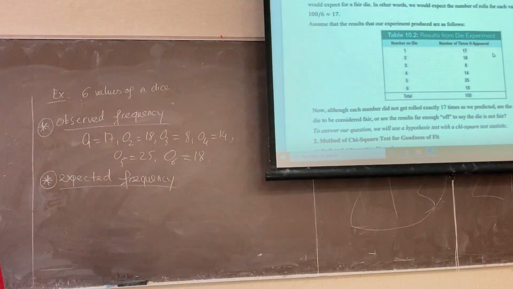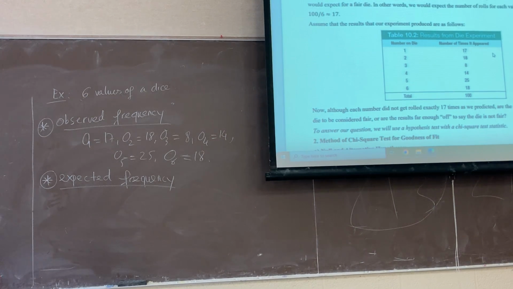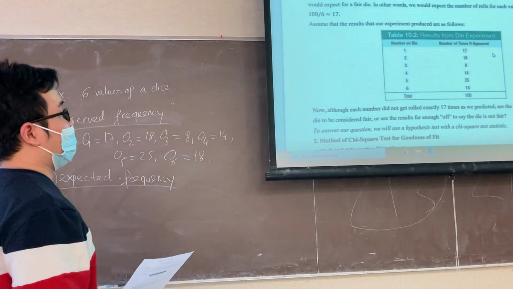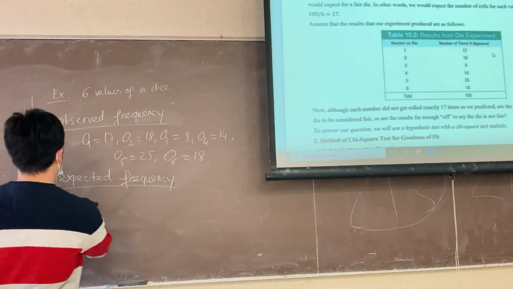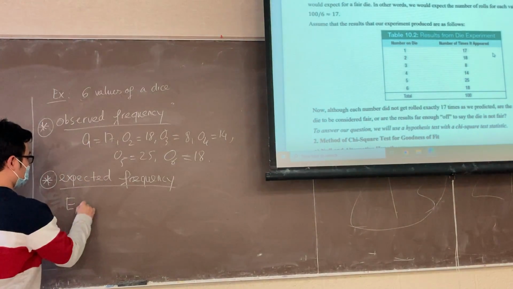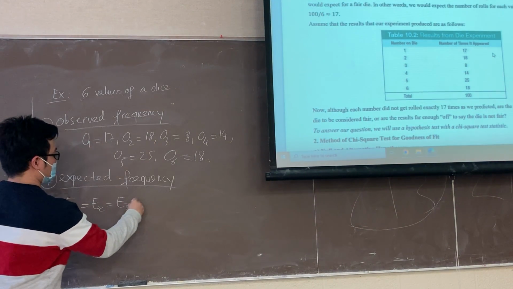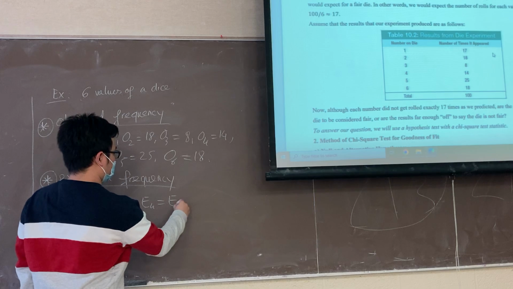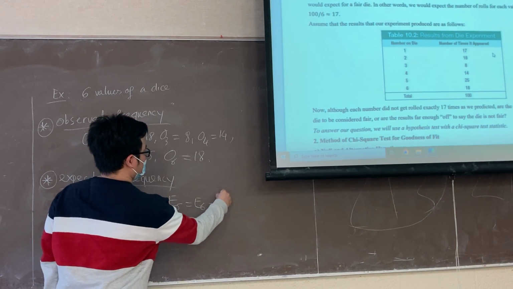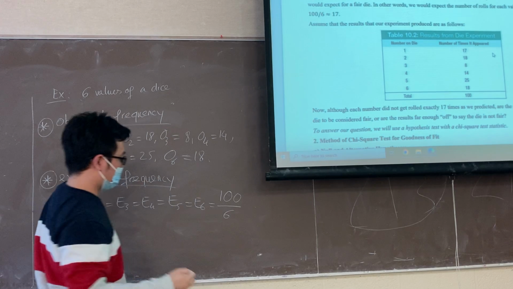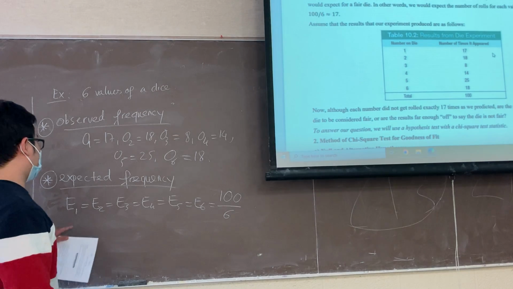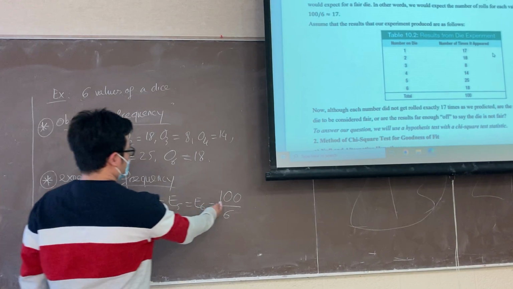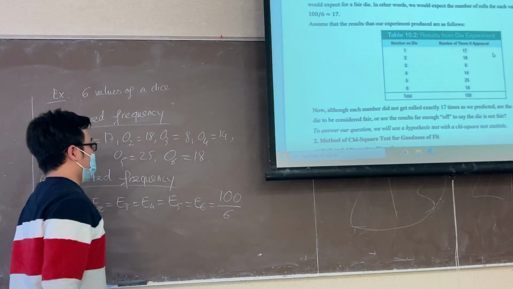So when you roll the die 100 times, you expect each value on the dice to appear about 100 over 6 times, because you have 6 values. The expected frequency is the total number of times over 6.